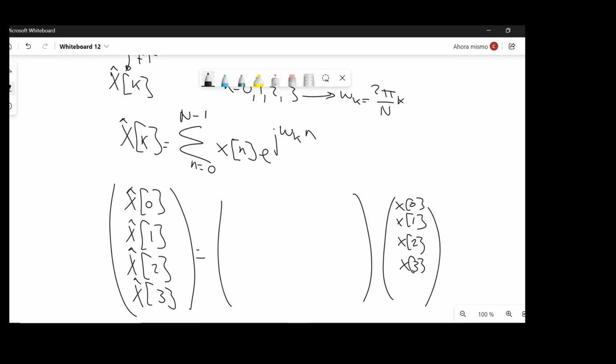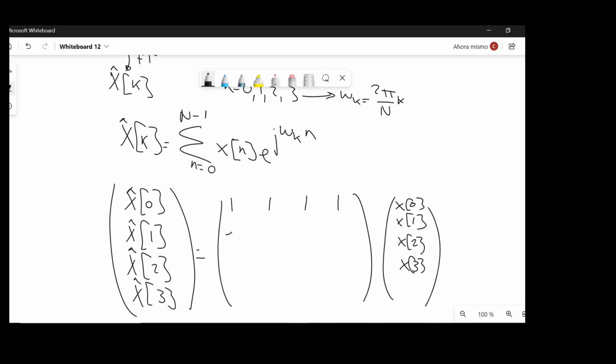Okay, so what is it for k equals 0? For k equals 0, omega k is 0, and then the exponential of 0 is 1. So this is 1, 1, 1, 1. What about the next one?